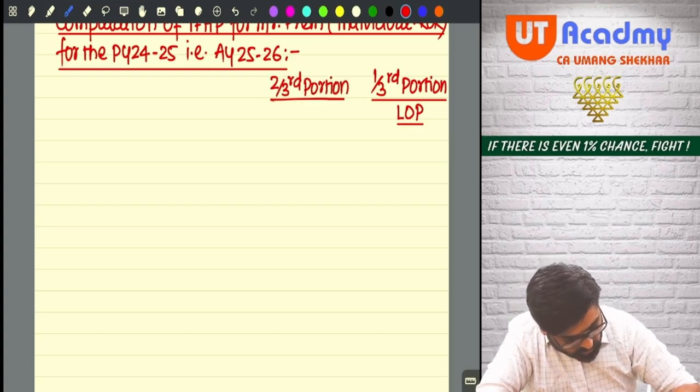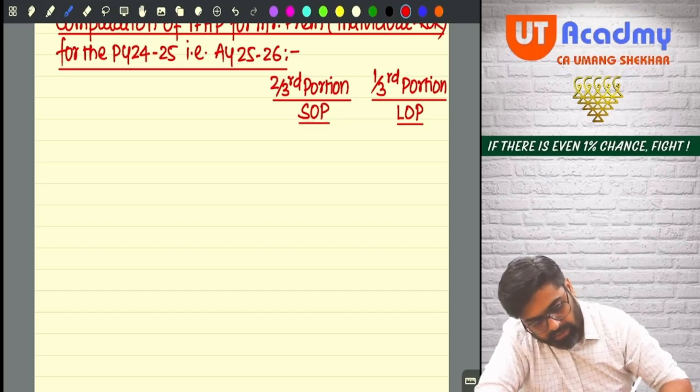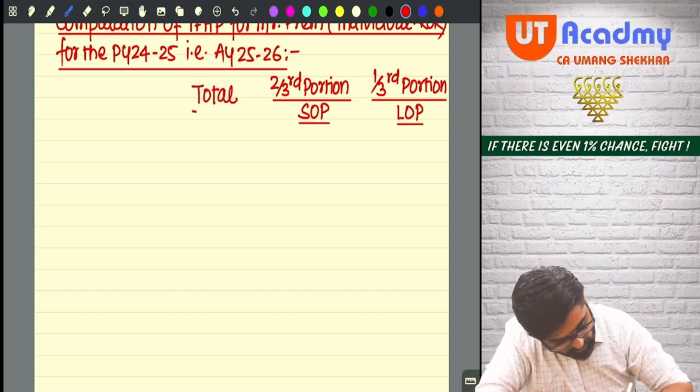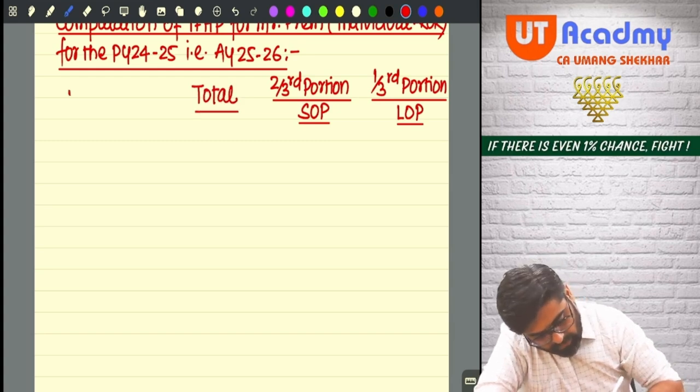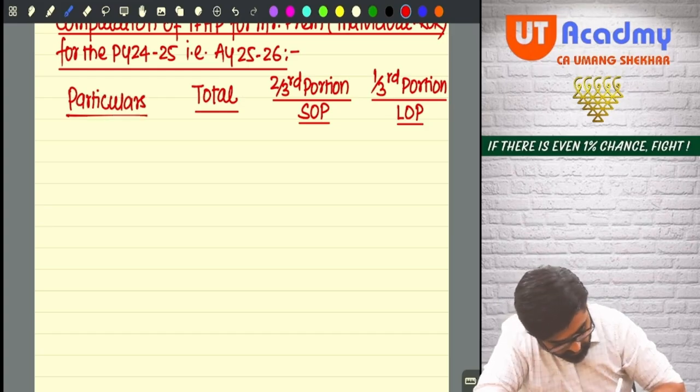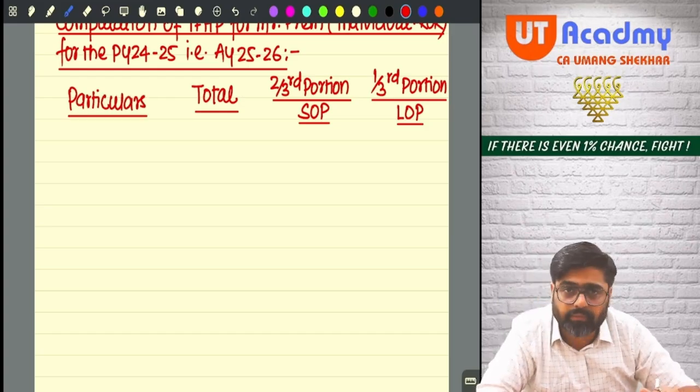What is this 2/3 portion? This is SOP. And here we will write one more column, total. And here we will write particulars. Ready? I am ready with my format.